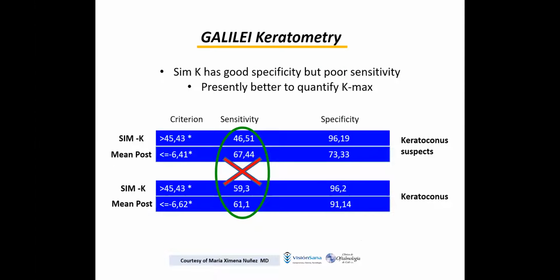Keratometry is a good parameter to follow up keratoconus, to standardize cross-linking treatment, for example, but it's not the best way to discover very early cases. We may have a cornea with 50 diopters but without keratoconus, because it has no ectasia.